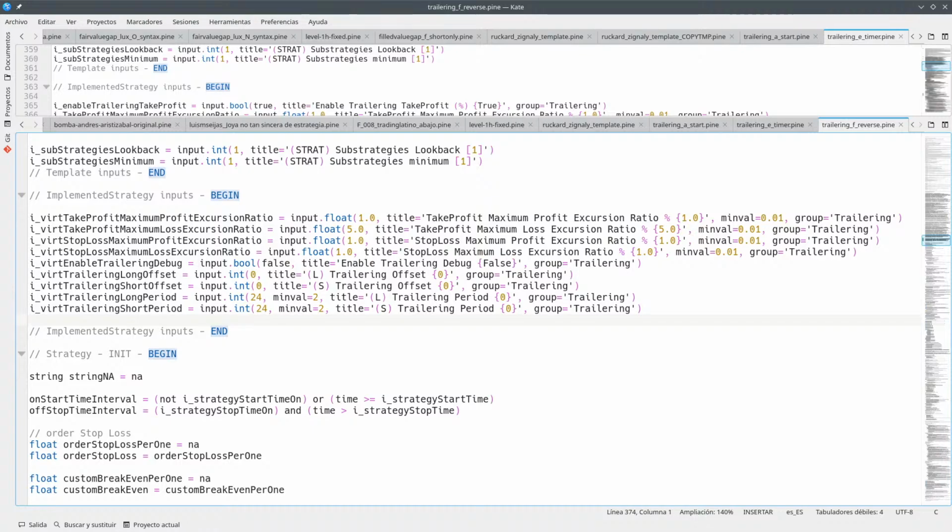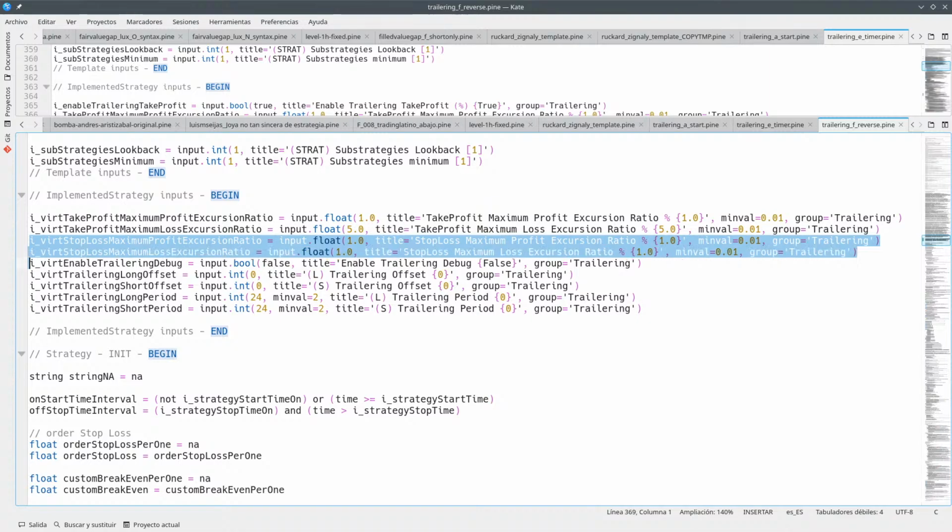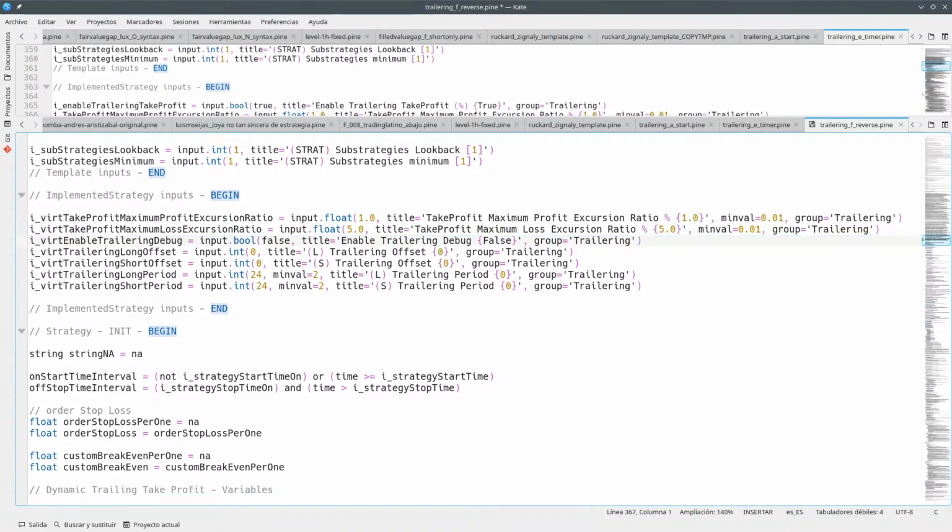So these are the first variables that we use in order to have this. However, as we are only going to work with take profit, we don't need stop loss variables now that I think about it. So this is long offset, short offset, long period, short period.